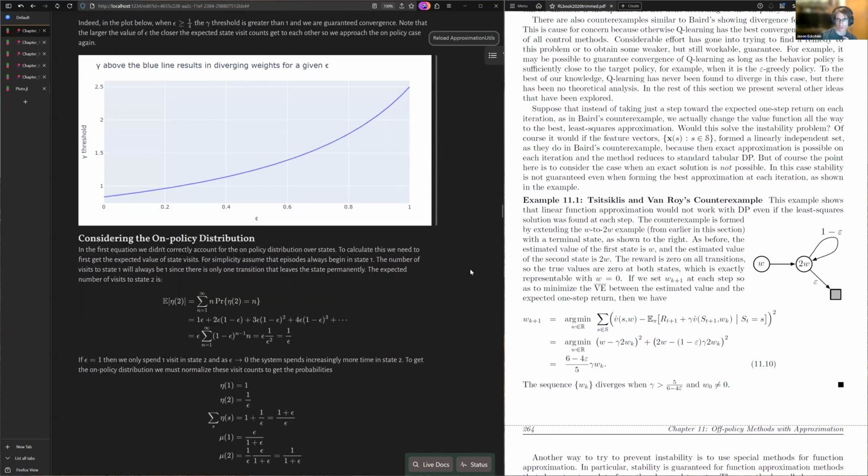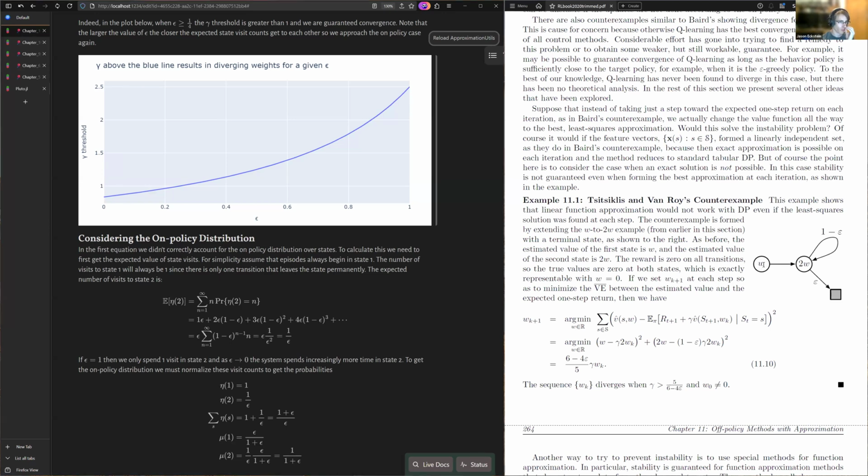So fine, this is causing a problem, but let's try to figure out what the on-policy distribution is here. Or in this case, there's no policy, but what is the correct distribution of visited states? It's not too hard for this problem. Let's imagine we start in state 1. I'm just going to call this state 1 and this state 2. We start in state 1, we never go back to it.